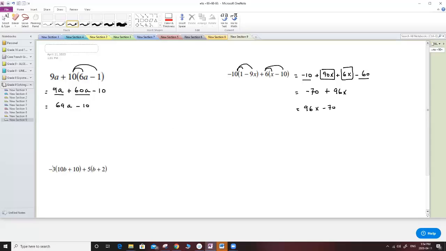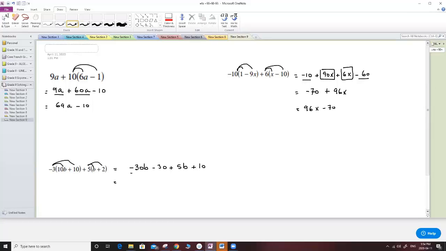The next one, again, distributive property, as you can see twice. So I'm going to say this is equal to negative 30b, negative 30, plus 5b plus 10. And now I can combine the like terms.